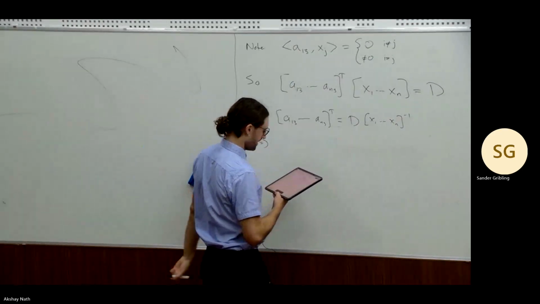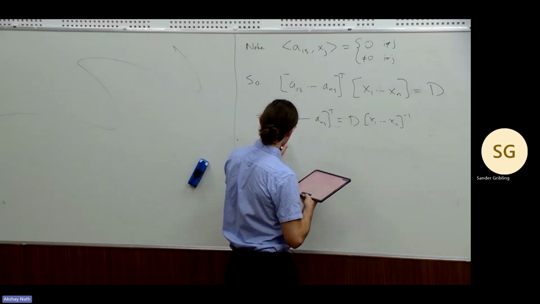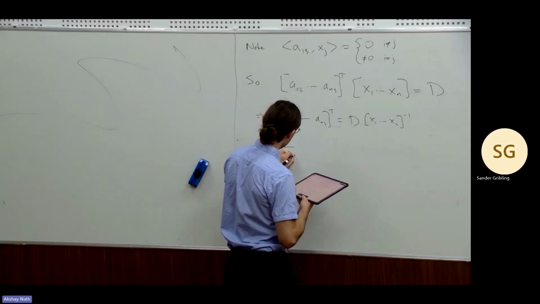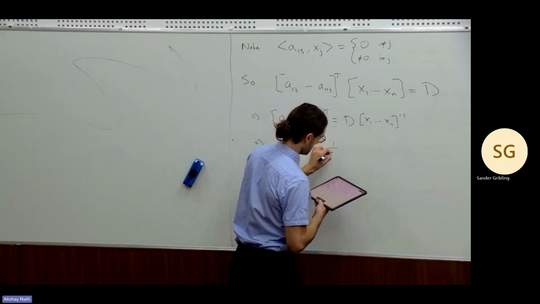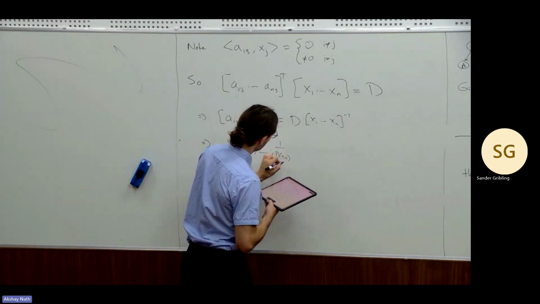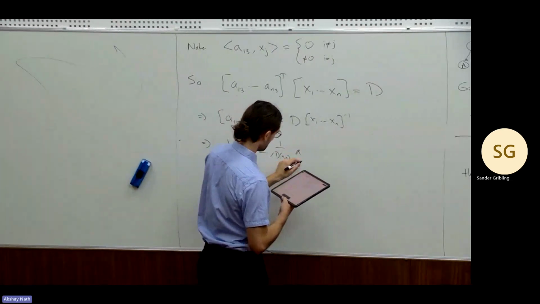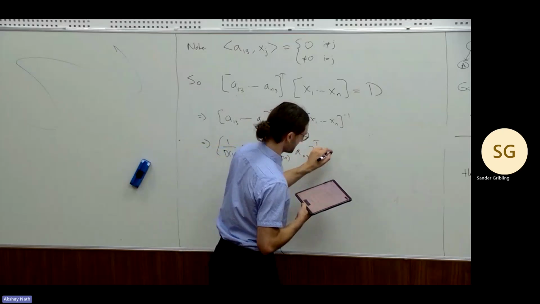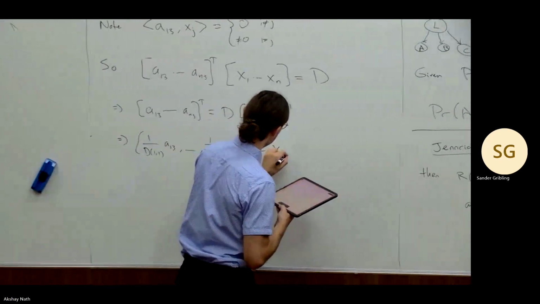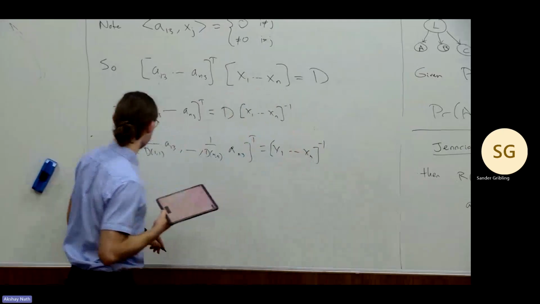So, 1 over D_11 times A_13, up to 1 over D_nn times A_n3. Now I'm multiplying by D inverse on both sides. A_n3 transpose is equal to X inverse.